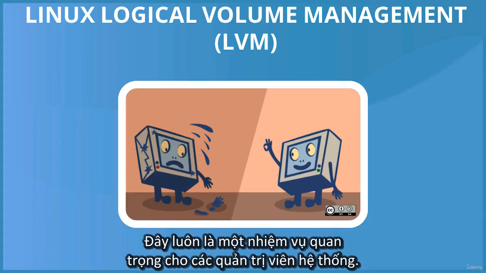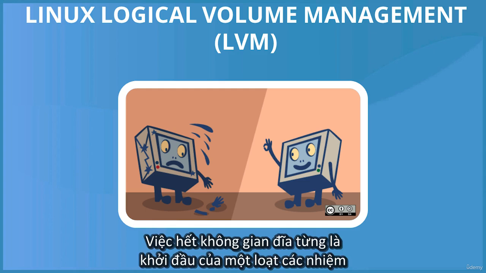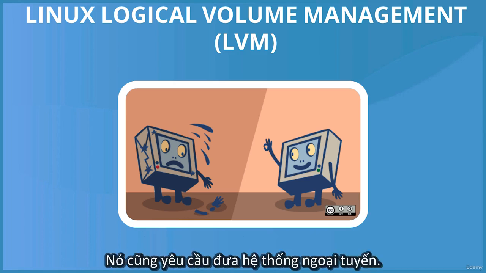Managing disk space has always been a significant task for sysadmins. Running out of disk space used to be the start of a very long and complex series of tasks to increase the space available to a disk partition. It also required taking the system offline.